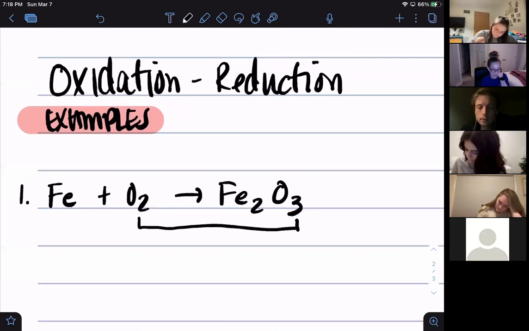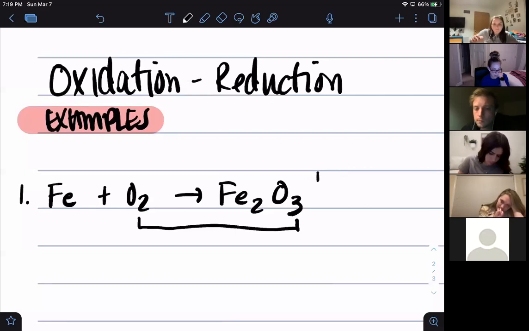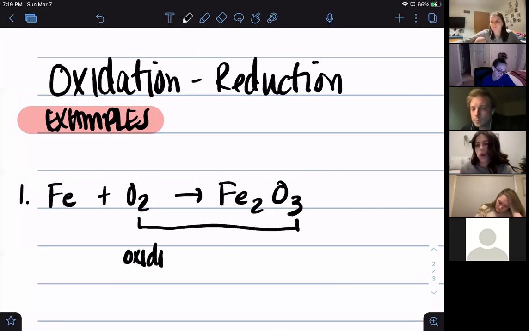And you can see that if you're adding, are you getting more negative or more positive? So he's a +3 now. His oxidation state is +3. So did he get more positive or more negative? More positive. So if he's the oxidizing agent, then what does that mean happened to him?